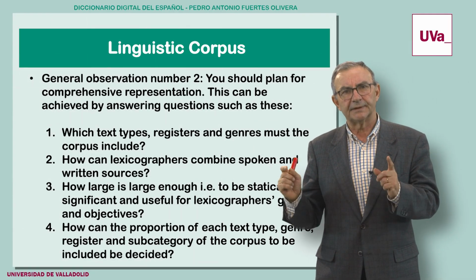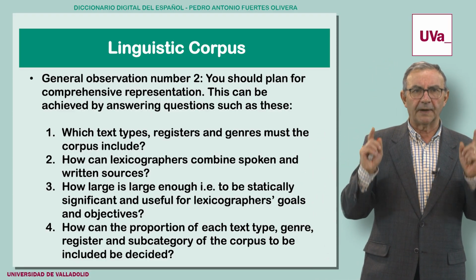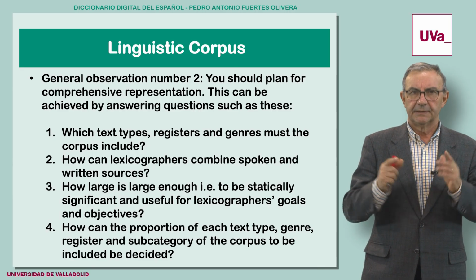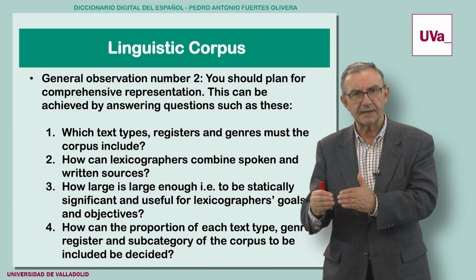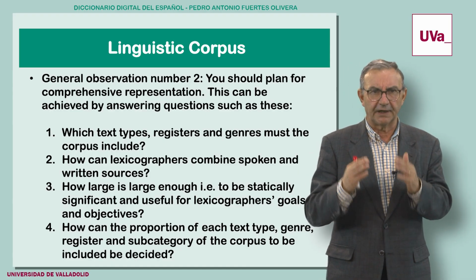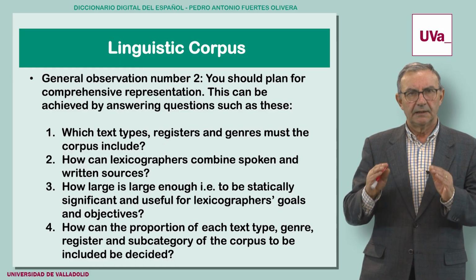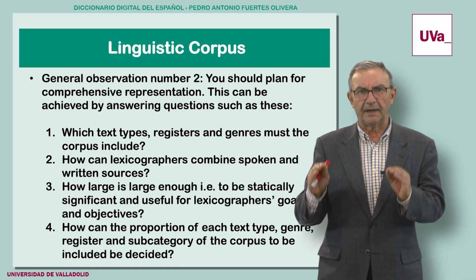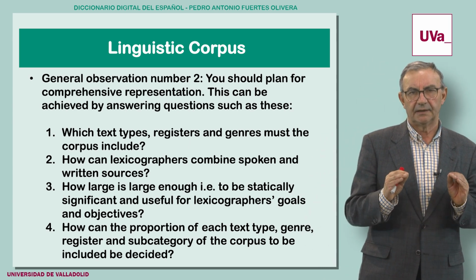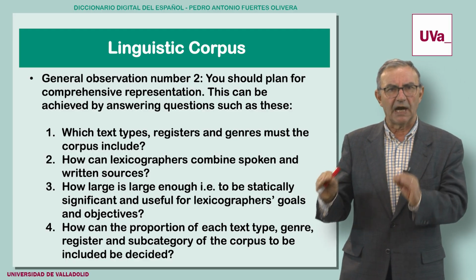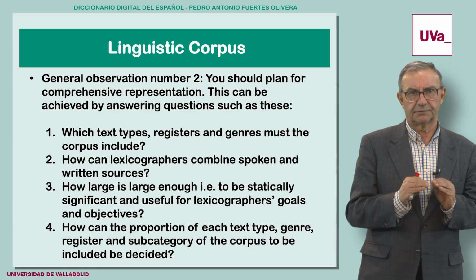General observation number 2. You should plan for comprehensive representation. This means that your corpus must be balanced and representative of the goals and scope previously defined. This can be achieved by answering questions such as this. A. Which text types, registers, and genres must the corpus include?